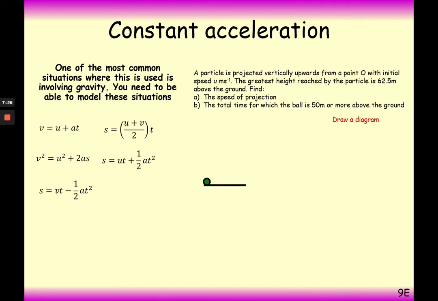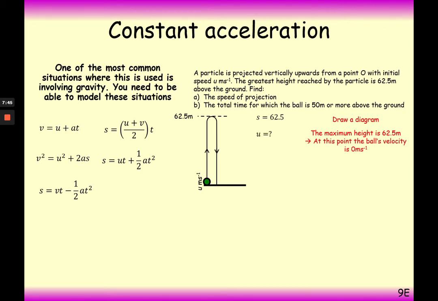So it's projected from the ground with speed u, goes up, comes back down again, and the greatest height it reaches is 62.5. So to work out u, we're going to look at the journey from the ground to its maximum point. So s is going to be 62.5. u is what we're trying to find. When it reaches the maximum point, it has 0 velocity, so v is 0.